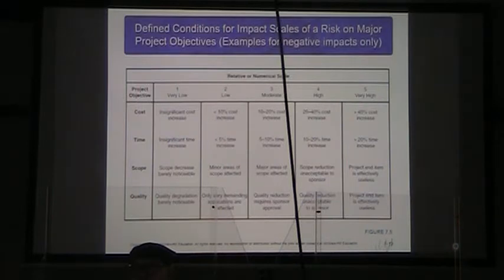High would be quality reduction unacceptable to sponsor. And very high is project end item is effectively useless. All right, so this gives you an idea of how we would score impacts for cost, time, scope, quality.